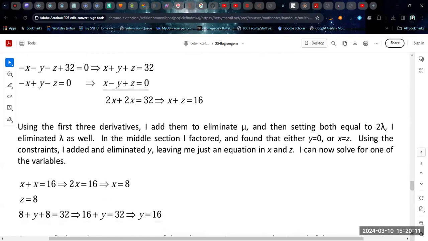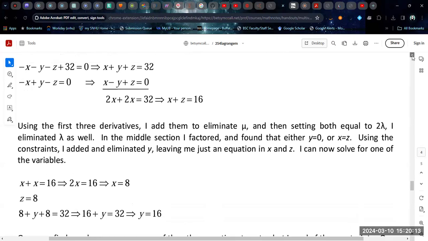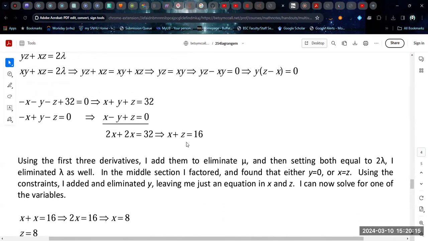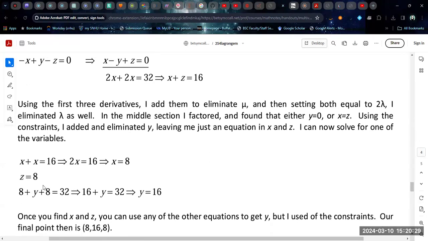Now, if I use the y equals 0, I don't have any expressions in here that relate to y. So instead, I'm going to use this requirement here that z minus x equal to 0, which means that x has to be z. So if x is z, I can substitute in here x and x. I get x and x is 16, so x is 8, which also means that z is 8.